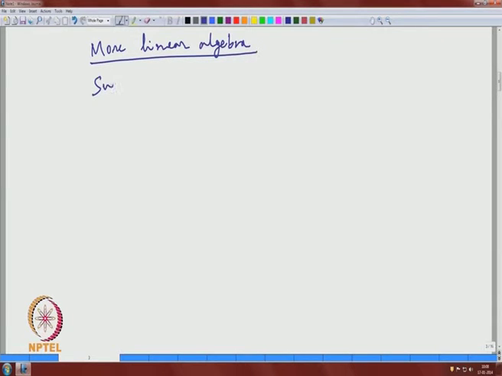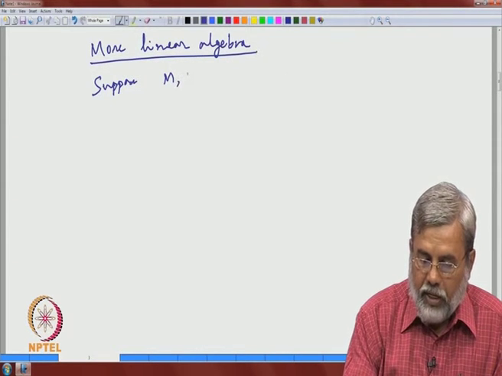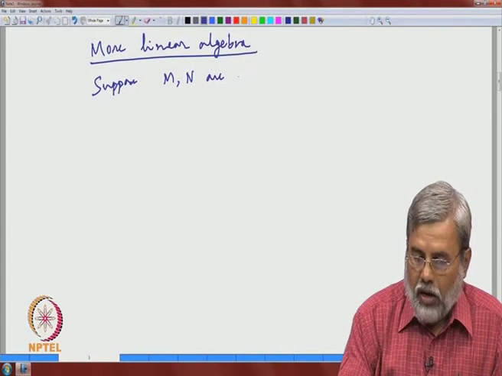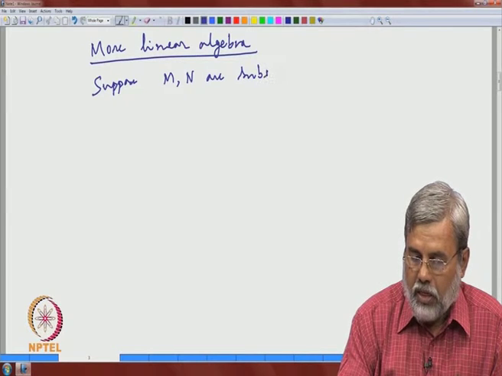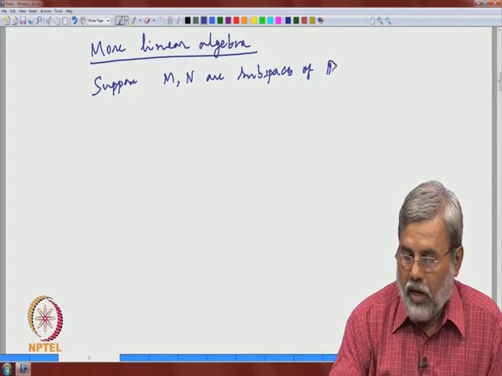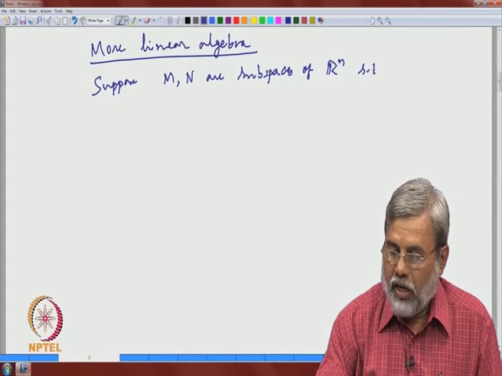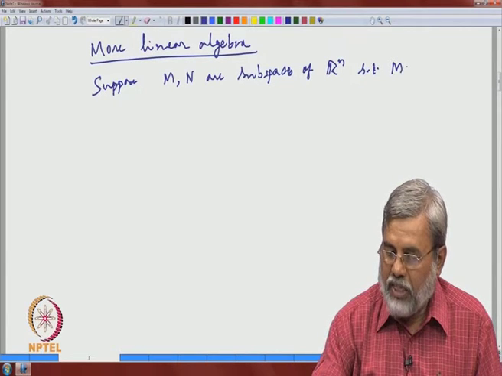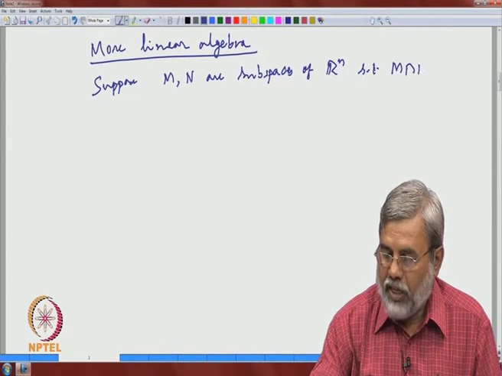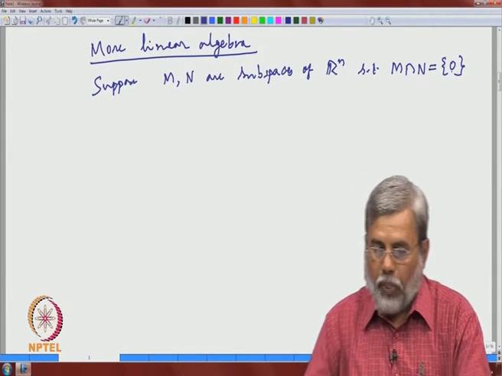Suppose M and N are subspaces of R^n such that, since they are subspaces, the zero element is always there, and I just want their intersection to be just zero.